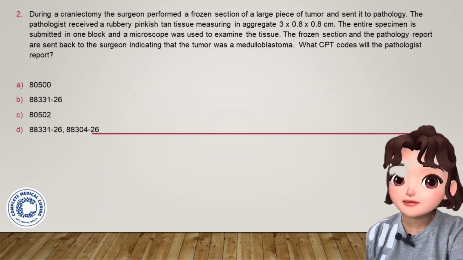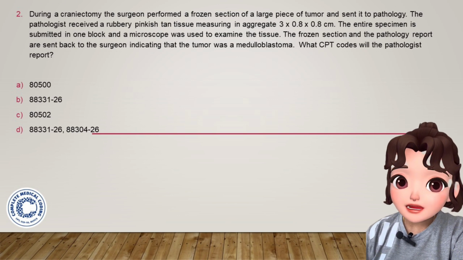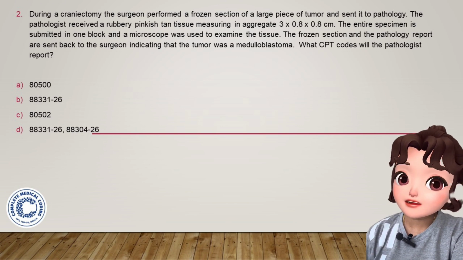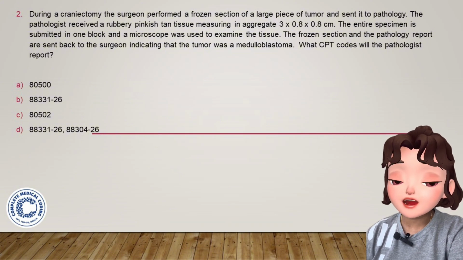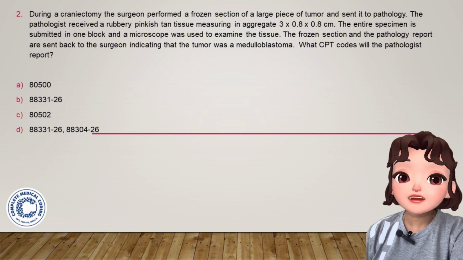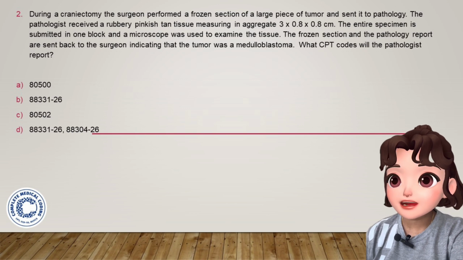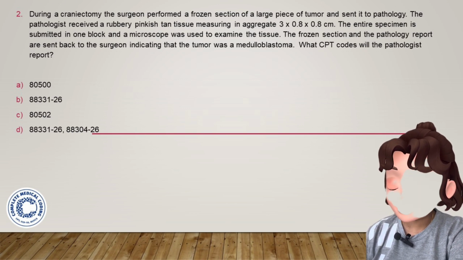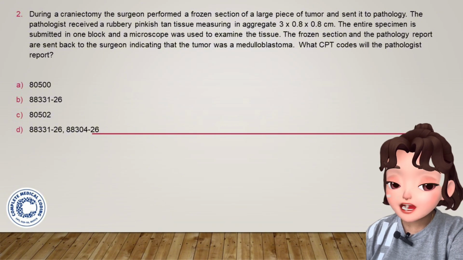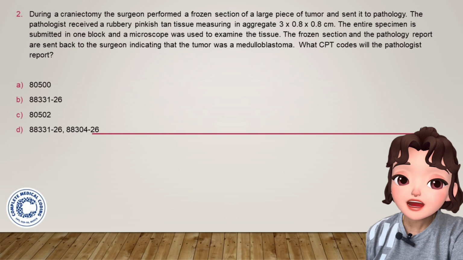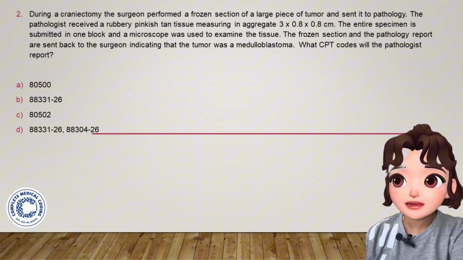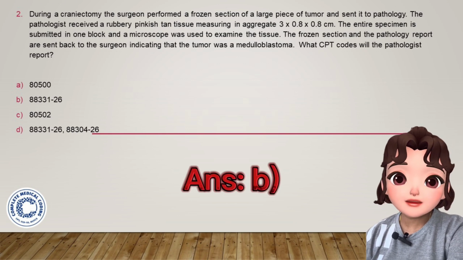The surgeon has taken the sample and sent it to the pathologist. So only the procedure we will be coding. So the answer will be option B, 88331 with modifier 26. Pathology consultation during surgery, first tissue block with frozen section, single specimen, because this is a single specimen. So the answer is option B.